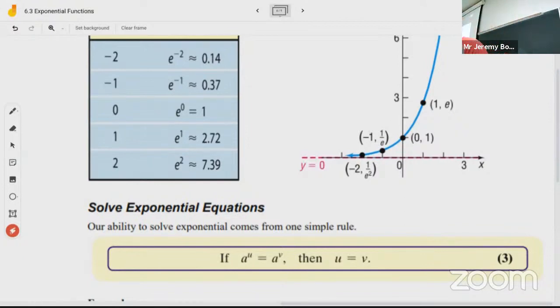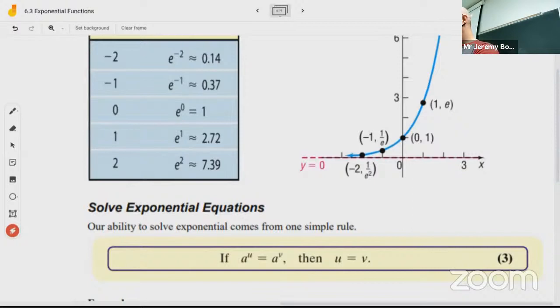And the way that we're going to look at it is that if you have base A raised to the U, and that same base A raised to the V, and they are equal to each other, we can assume that U has to also equal V.